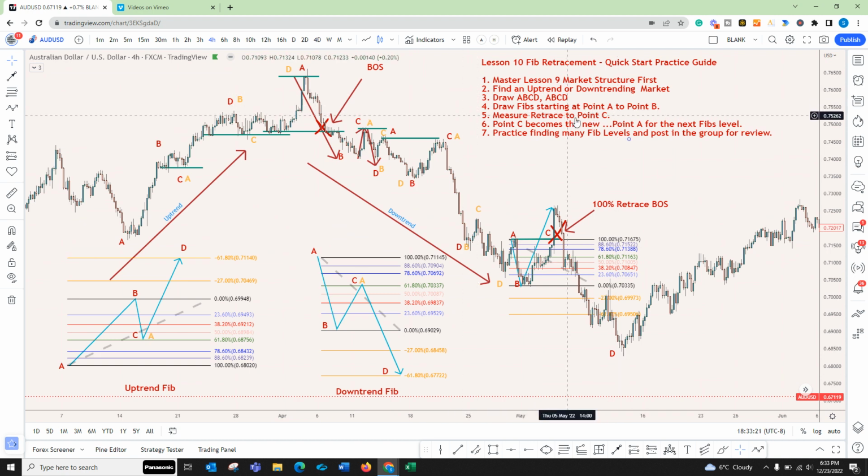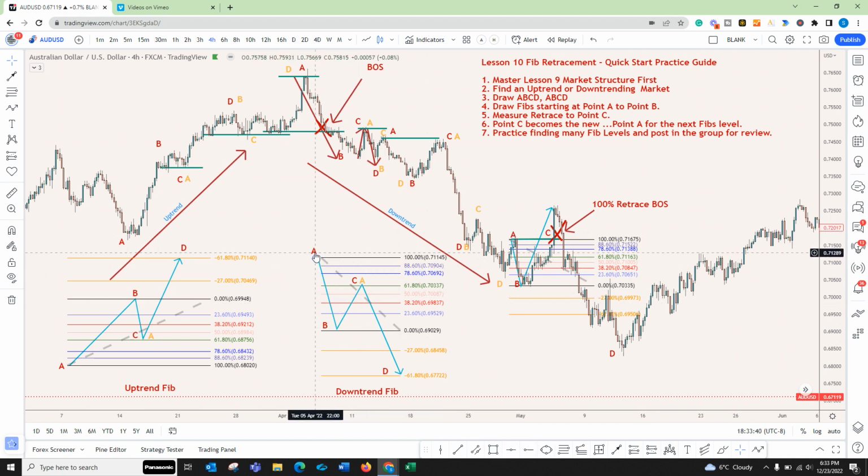And then let's go back to this checklist here. And I told you, okay, retrace to point C. So draw fibs A to B, then measure the retrace to point C. Point C becomes a new point A for the next fib level. So you understand what that means?